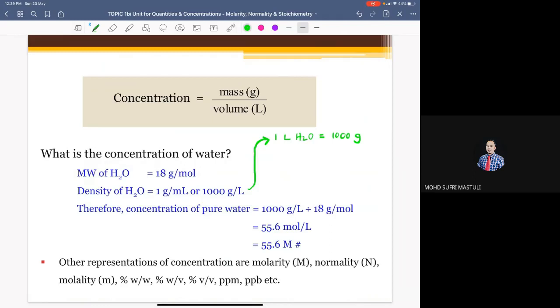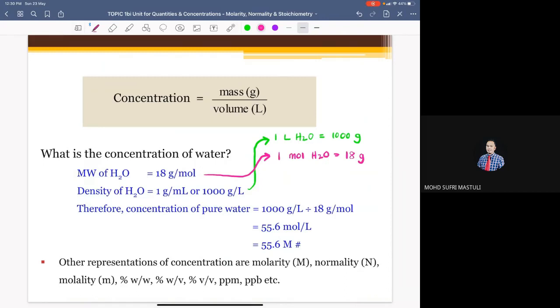From the molecular mass, we know 1 mole of water contains 18 gram.